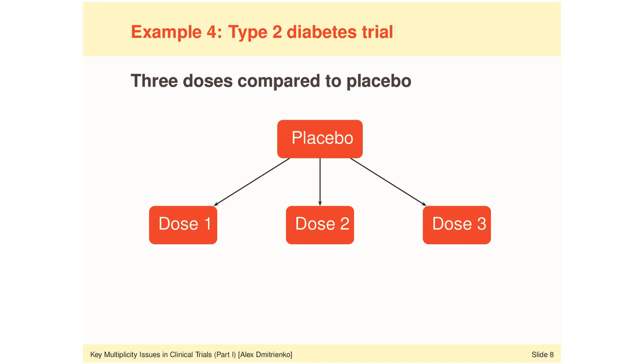Example 4, based on the type 2 diabetes trial, is an example of a clinical trial with several dose placebo comparisons. In this particular case, there are 3 doses of a treatment and a placebo arm. So there are 4 arms in the trial, and there are 3 dose placebo contrasts or comparisons that are represented here by the arrows.